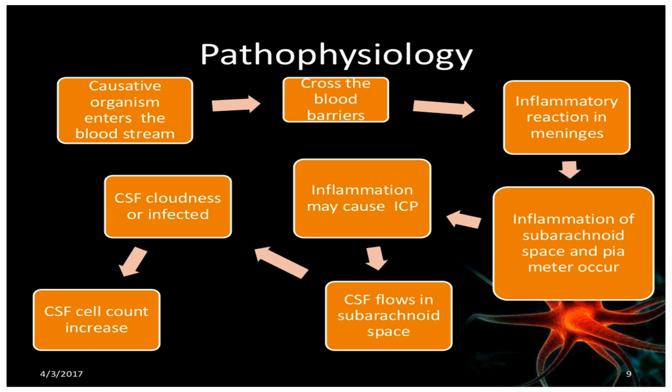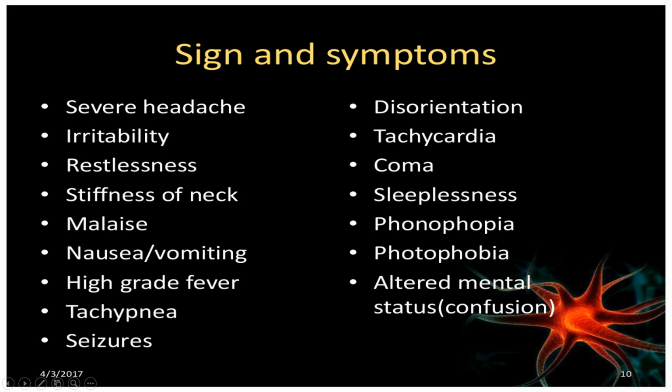So let's go back. Now, what are some signs and symptoms of meningitis? So the first one is severe headache, irritability, restlessness, stiff neck, malaise, or let's say low energy, nausea or vomiting, high grade fever. Next is tachycardia, which is very abnormal, and rapid breathing.